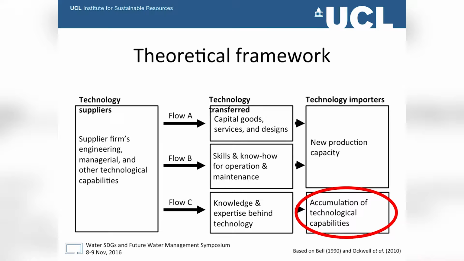These technological capabilities include the capacity to adapt technology to local needs, to replicate it, to enhance it, and eventually also to create new products. And that then gives local companies a competitive advantage and is important in terms of generating economic growth, green economic growth, in low and middle income countries. It's a very simple theoretical framework, but it's useful in terms of thinking about technology transfers.